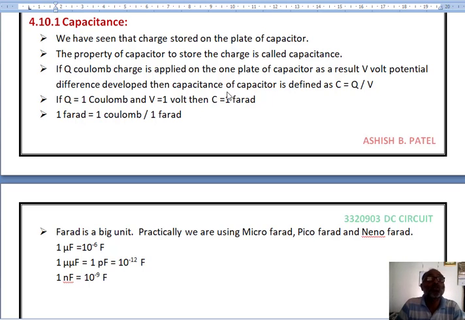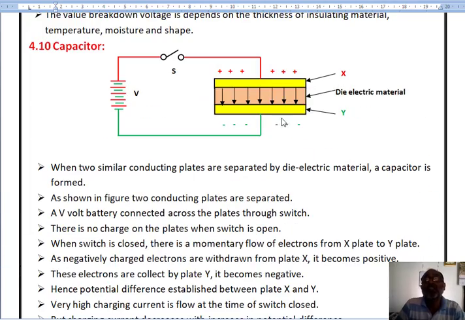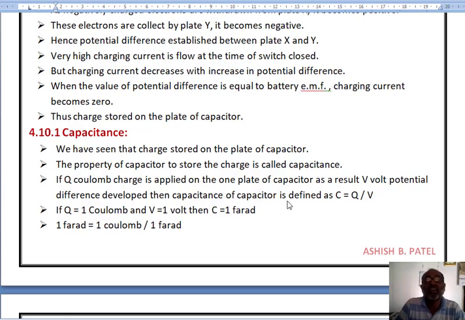So if 1 coulomb of charge is applied on one plate of the capacitor, and as a result 1 volt potential difference is induced across the X and Y plates, then we can say that the capacitance of the capacitor is defined as C is equal to Q by V. That means the value of capacitance is directly proportional to the charge and inversely proportional to the potential difference between the two plates.